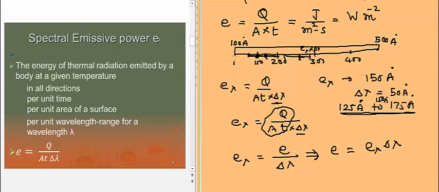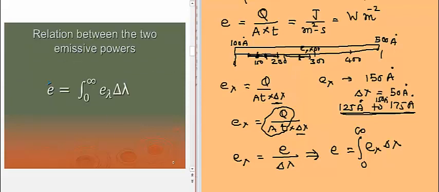Then I'll get the total emissive power of this entire object. Therefore, we write E as the integration from 0 to infinity of E lambda into delta lambda, where this is the wavelength range. So this is the relationship between E and E lambda: E is equal to the integration from 0 to infinity of E lambda d lambda.